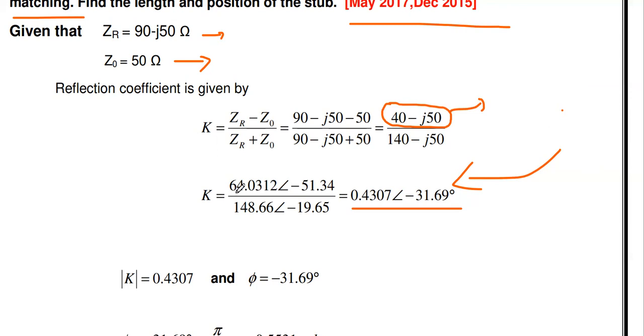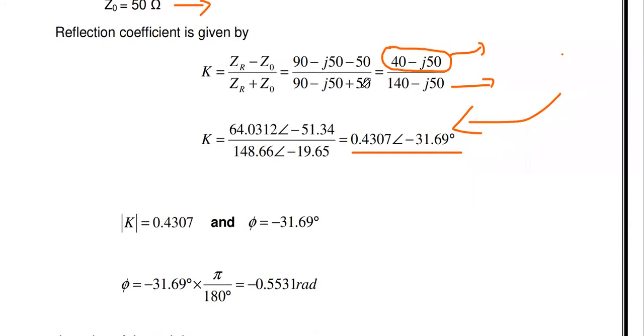You may get 64.0312 with angle minus 51.34. Similarly, this denominator, 140 minus j50, you convert into polar, and you may get a result like this.